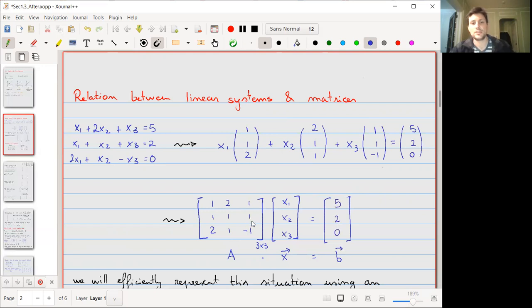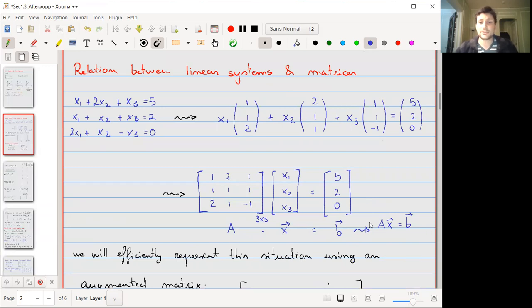So our equation now reads a matrix multiplied by a vector of variables equals a vector of constants. And this is how we will write linear systems from now on. Ax is equal to b, where x is a vector of variables.